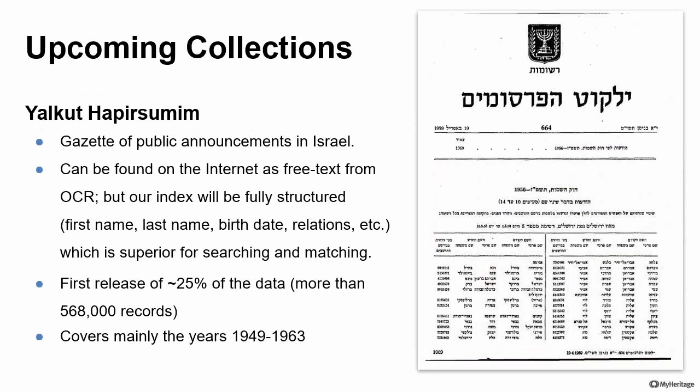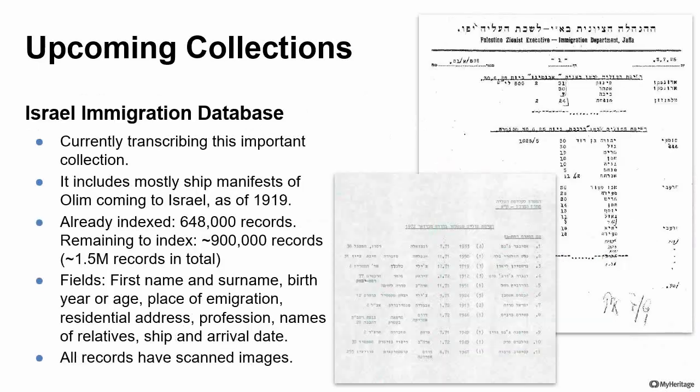in a quarter or between a quarter and a half of its old content. Just take into account that a lot of people, when they arrive in Israel, change their names. So you can find them here either by the previous name or the new name that they acquired when they arrived in Israel. So you will be able to find very easily your people that immigrated to Israel in the early days.